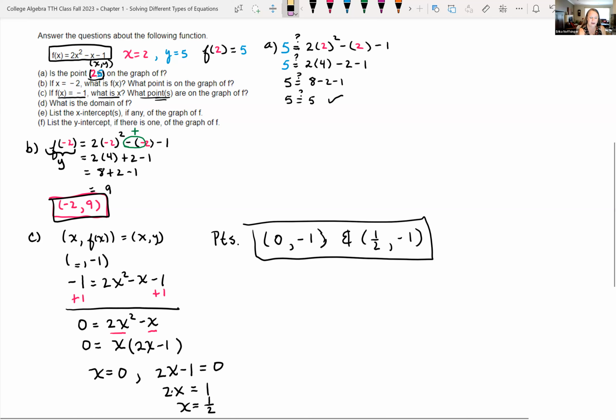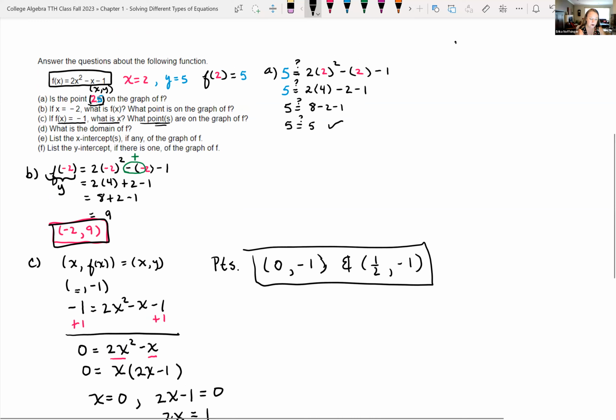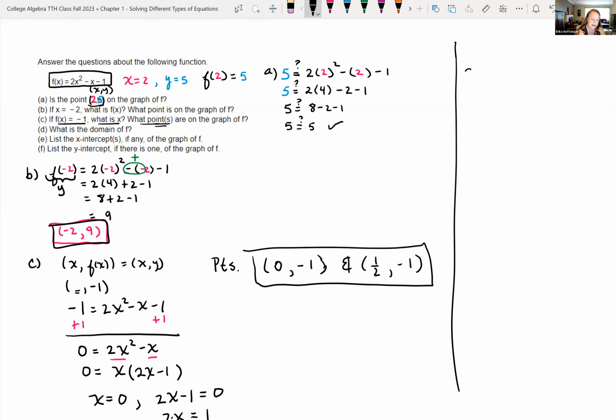If I had something like 2 over x in the denominator, x couldn't be 0 here. But I don't have any variable in the denominator for my equation. And so there's no trouble spots. And so any number I plug in for x would always give me back a real number. And so I can say that the domain is all real numbers.